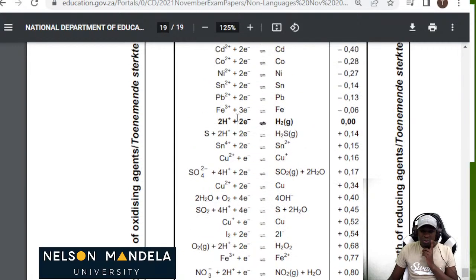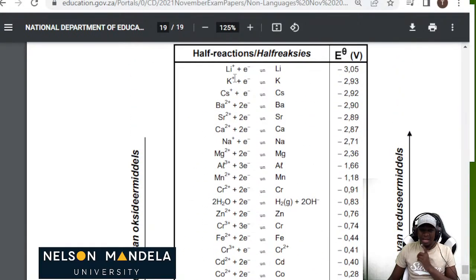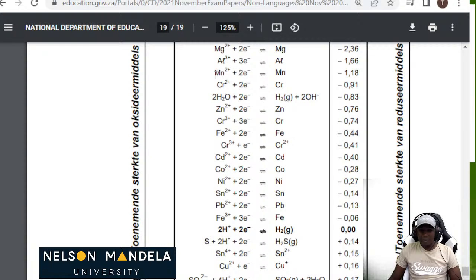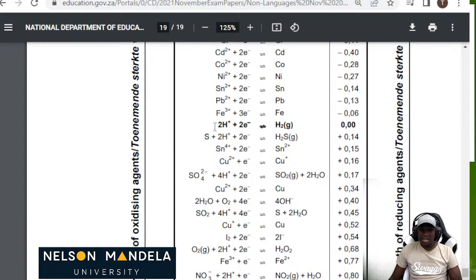Now let's look at what we have here. You can see that we have all these half reactions. We have lithium, potassium, aluminium, chromium, Cr3+, iron, Cd, all these things. Then this is a constant, which is why it's 0. Hydrogen is constant.